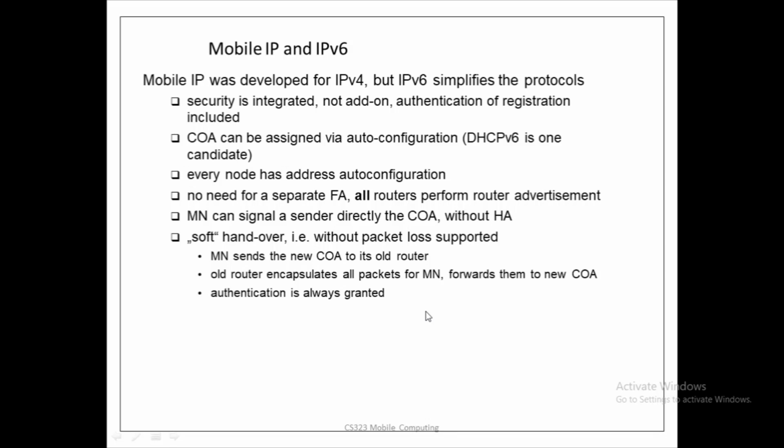And the mobile node itself has to be able to decapsulate the packets, to detect when it needs a new care of address, and to determine when to send the binding updates to the home agents and the corresponding nodes.